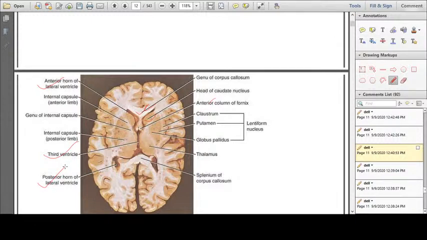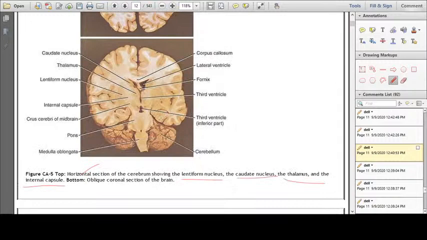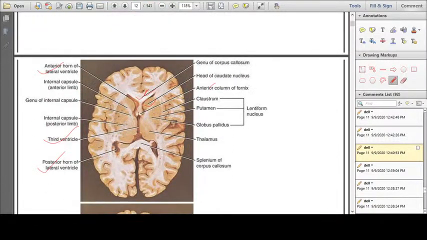I'm still not getting it. I'm not getting an idea which one is the frontal lobe of the brain out here. How can I know that? I think this one is the frontal lobe because the sulcus is more prominent out here.